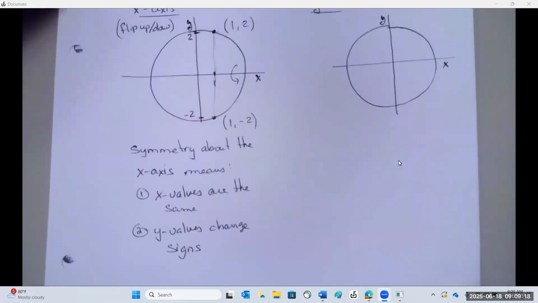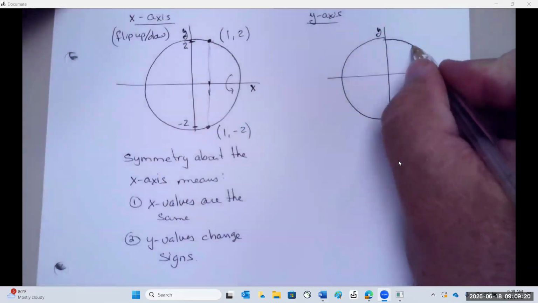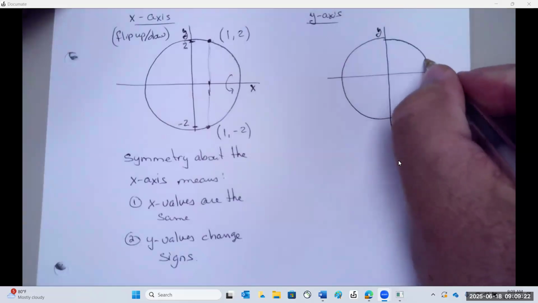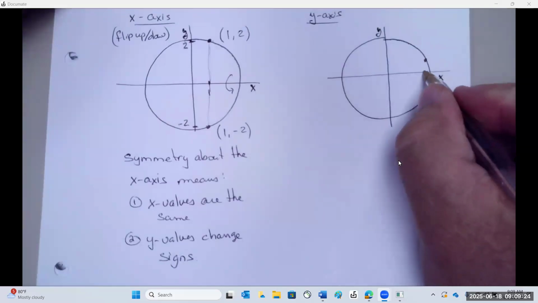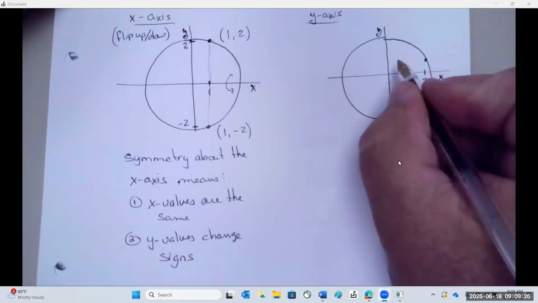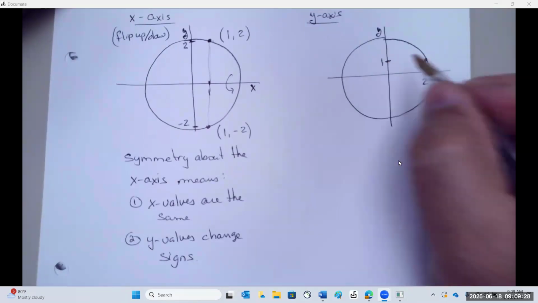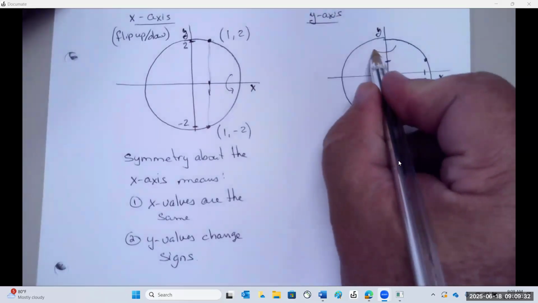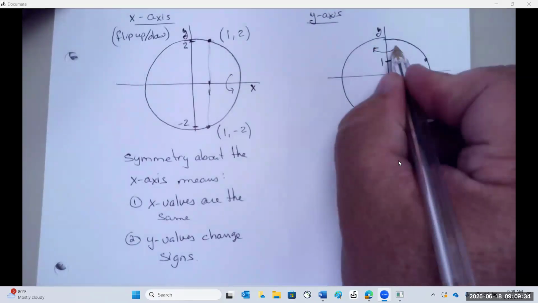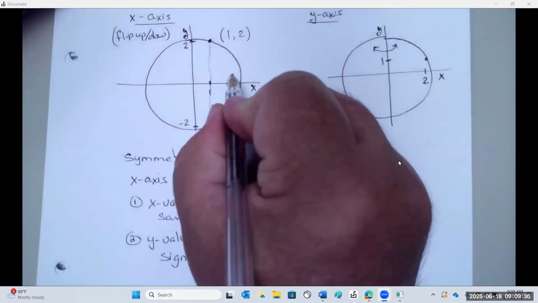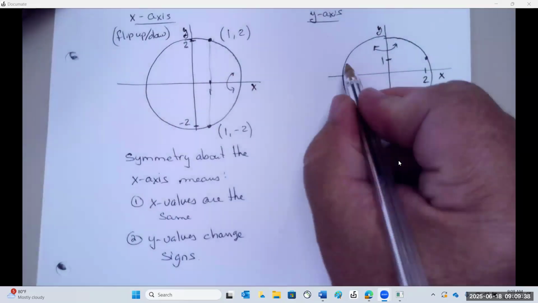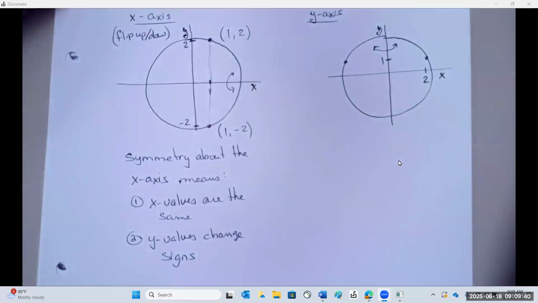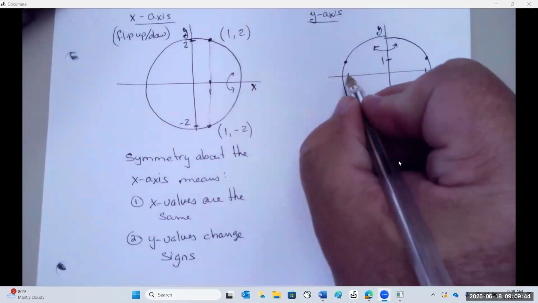If something is symmetric about the y-axis, what's this point going to be? This would be -2.